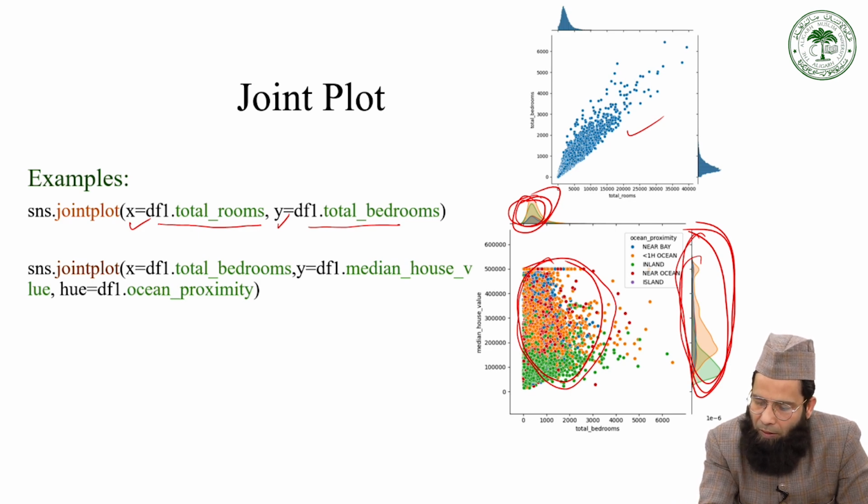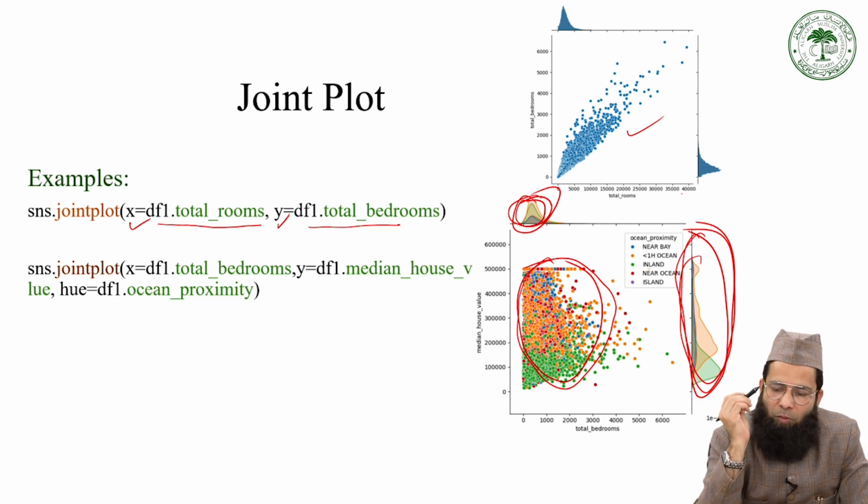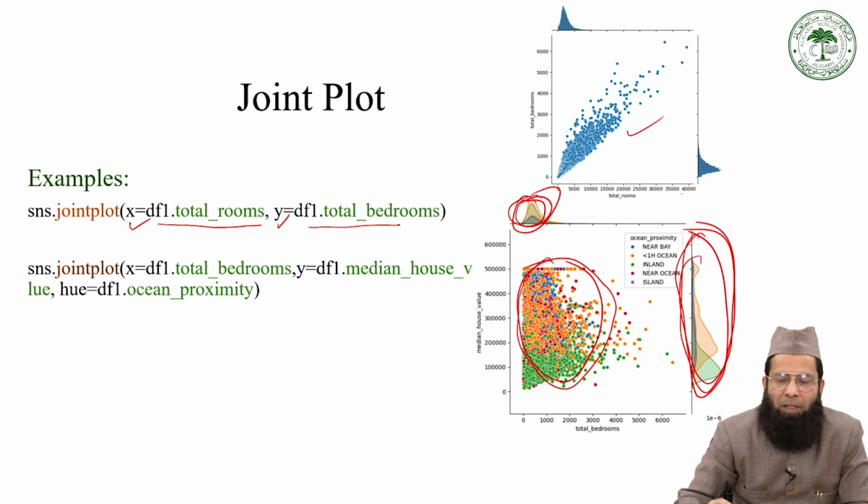So total rooms is very much related to total bedrooms. If total rooms are very high, you can see here total bedrooms are also high, right? So it's a linear dependency between total bedrooms and total rooms, right?